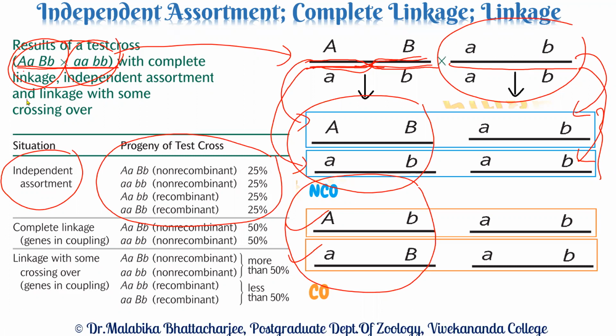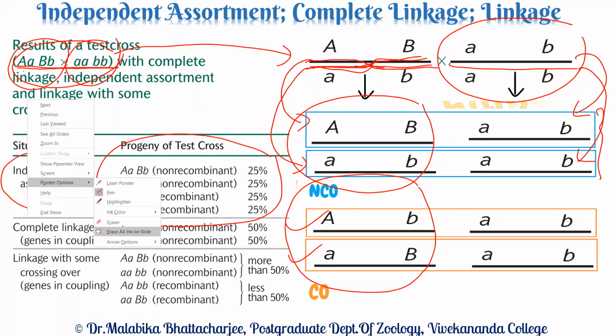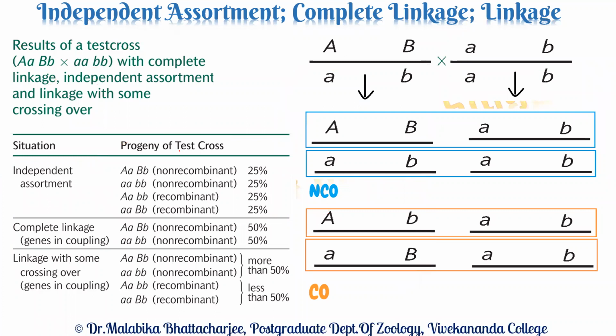In such a situation, the question of crossover products will no more arise, because the genes are linked and crossing over will not occur between the 2 genes. We will get only 2 categories of gametes, the non-crossover products or the parental genotypes, and we'll get equal amounts of these 2 categories, so 50% of each of the 2 parental genotypes.